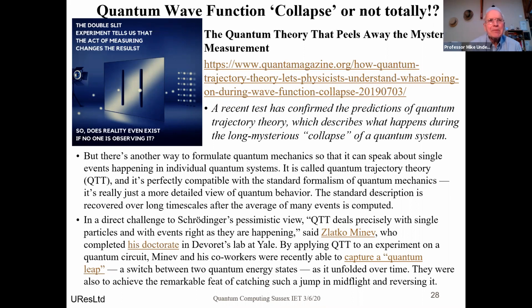So now it's subdividing the collapse into little pieces. And anyway, it's a more detailed view of quantum behavior. And so it is a direct challenge to one of the classical rules, Schrodinger's pessimistic view.